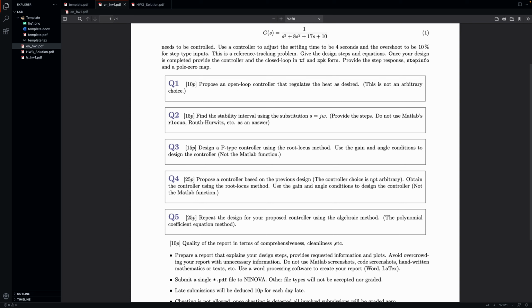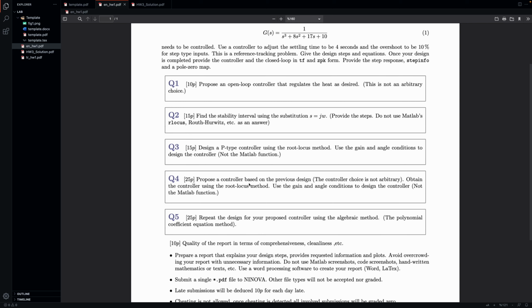The controller choice is again not arbitrary. So this is kind of a path from A to B which you should take, and which is specifically designed in this homework. So there's a special path here, and if you obey the rules, you should be good to go. Now you can see that, of course, if you didn't solve Q3 using root locus, I would doubt that you would have an idea about Q4. So yeah, that's what it is.